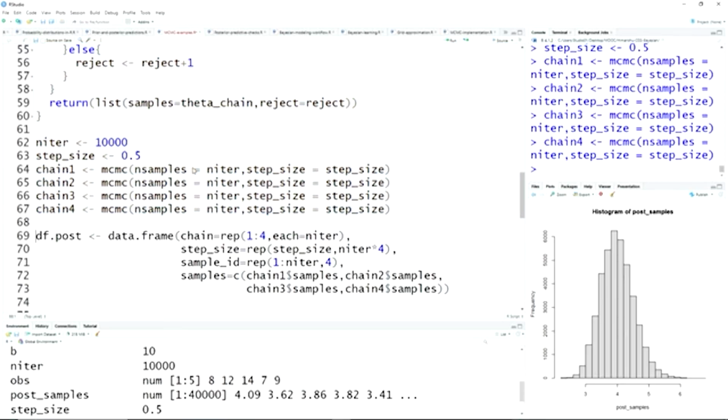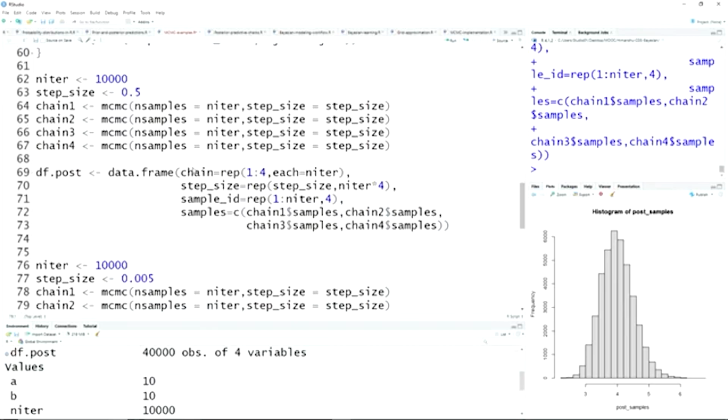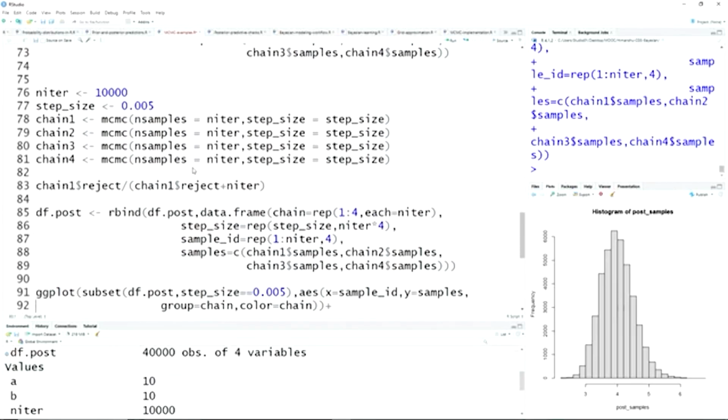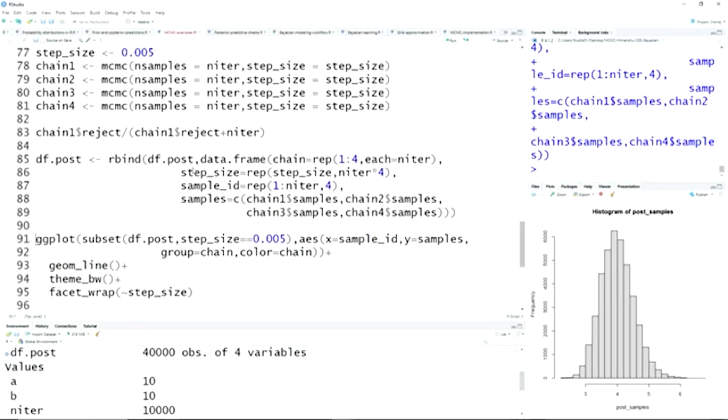Okay. Now I can store this as df_post, right? And then I can visualize the chains, right?